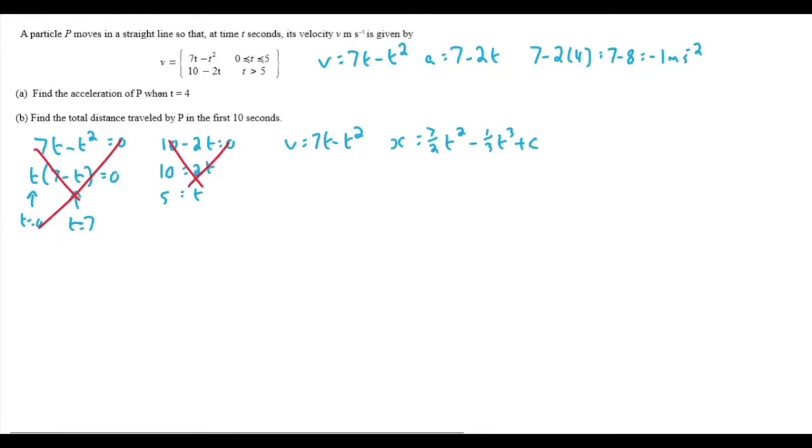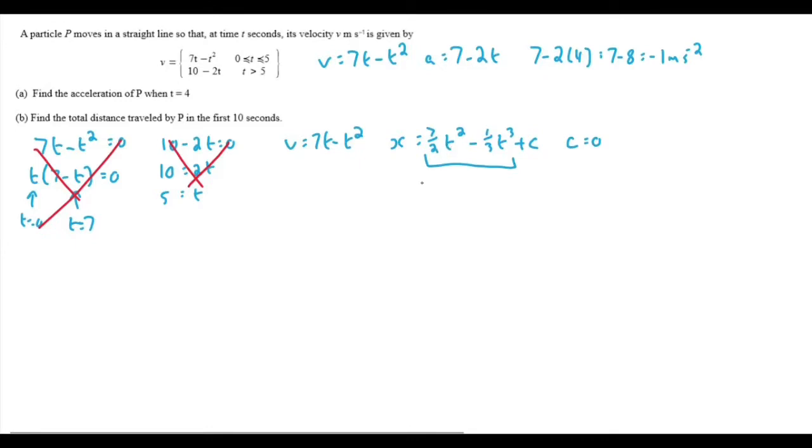But because we want to say how far it's travelled from time 0, essentially, we'll be saying that when t is 0, x needs to be 0. So for that to happen, c must be 0 itself. So you can just look at these first couple of terms here. Because we know it doesn't turn around, we can just now plug in that t is 5.